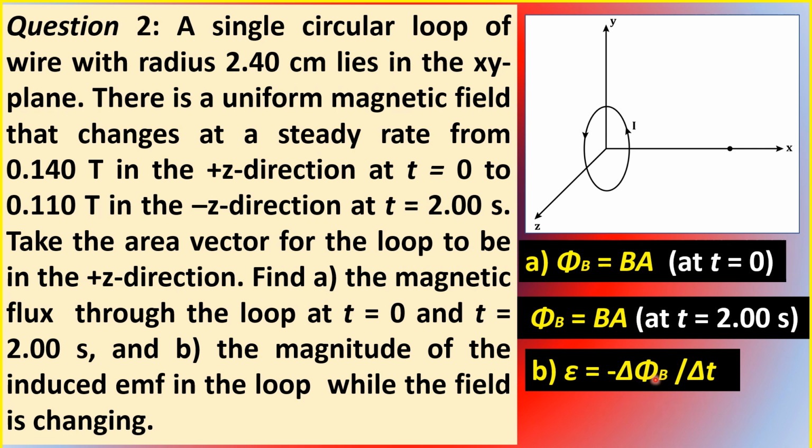So when you say delta phi over delta t, we are just talking about the rate of change in the magnetic flux. We will see the detailed computation for these two questions, A and B, in a short while.